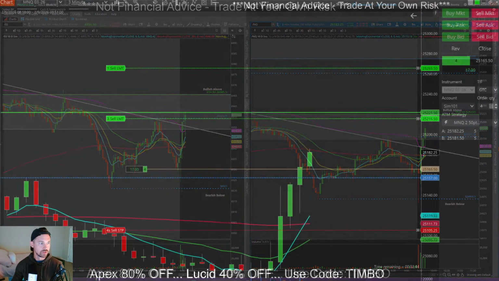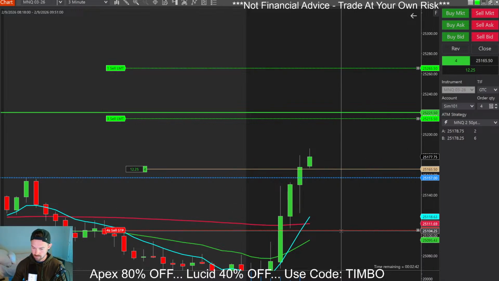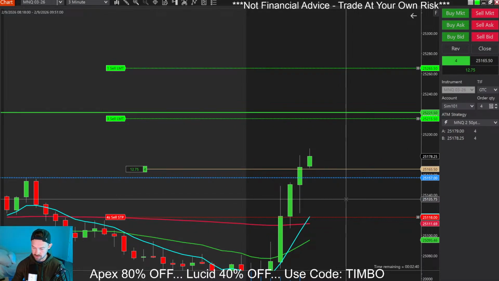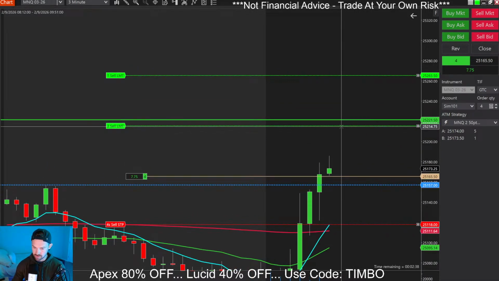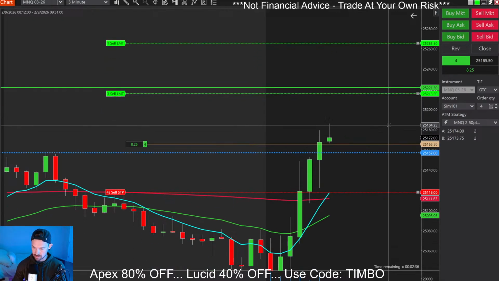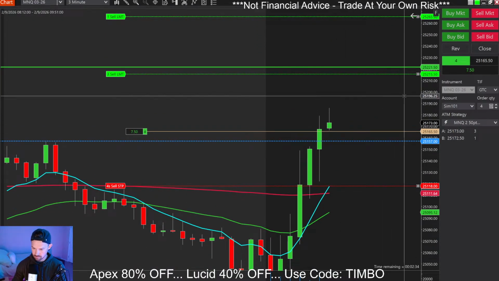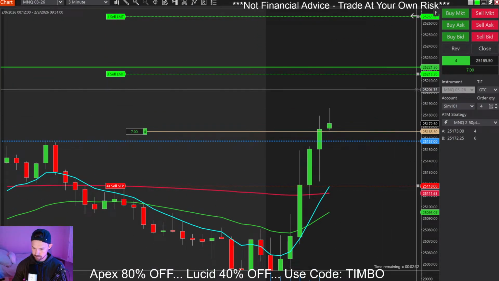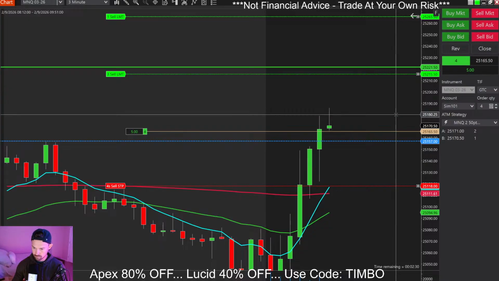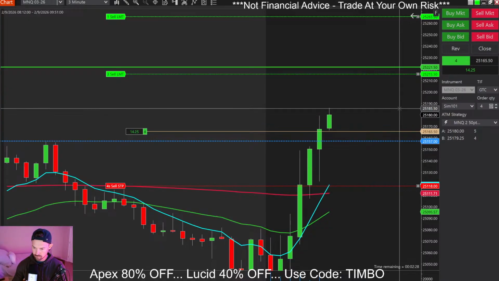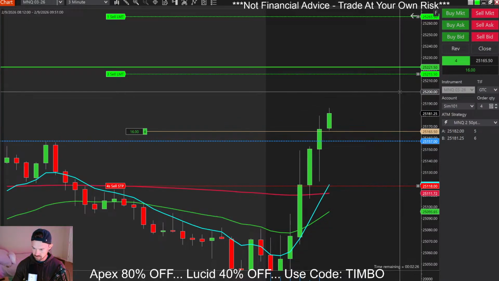Guess I can show my trade here. Move this stop up to here. See if we can get that push up to previous day high. Up near that 200 level.